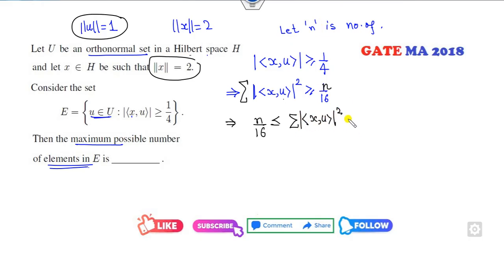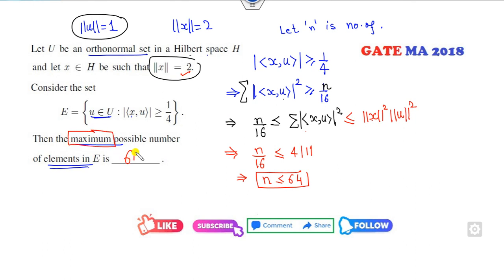Then by the Cauchy-Schwarz inequality, it should be less than or equal to norm of x square times norm of u square. Now you can substitute the value n over 16. The norm of x is 2, so it's 4. The norm of u is 1. Fine. So can you find the value of n? n is less than or equal to 64. So what is the maximum number? The maximum is 64, which is the right answer.